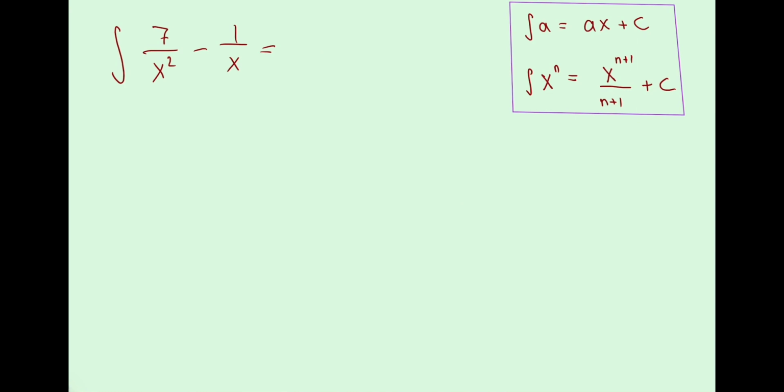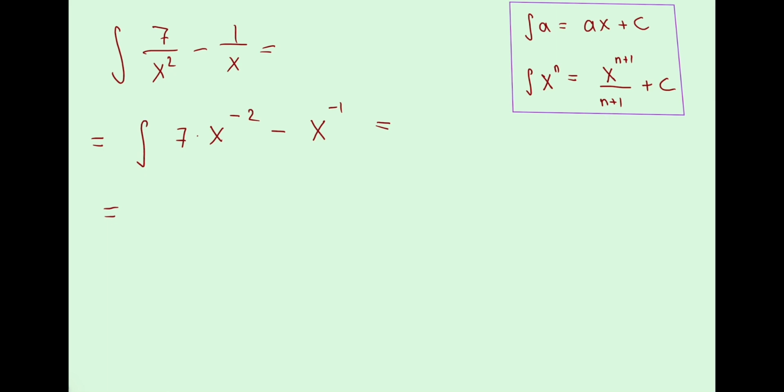In this last example, we are integrating 7 over x squared minus 1 over x. This should be first rewritten, and this would equal 7 times x to the negative 2nd power minus x to the negative 1 power.